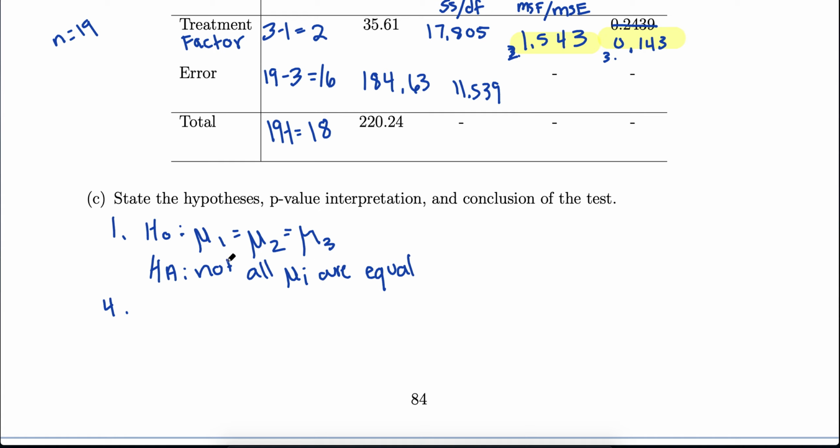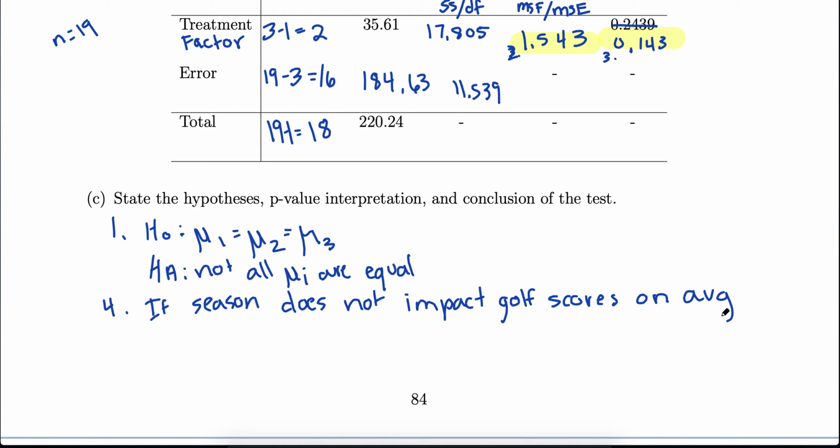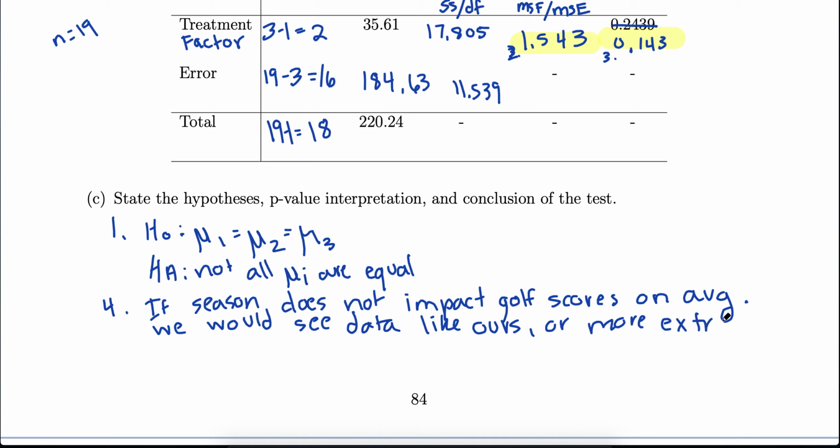If the null is true, so if season has no impact on the average golf score, so if season does not impact golf scores on average, that's what our null hypothesis is saying, we would see data like ours, or more extreme, 14.3% of the time, that's our p-value.